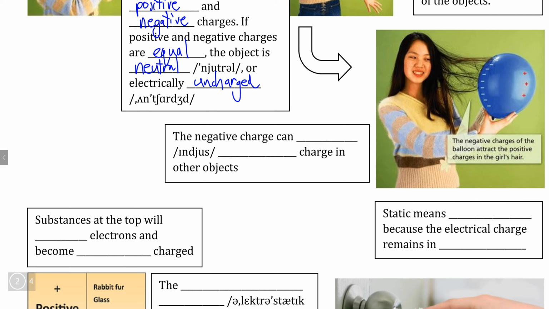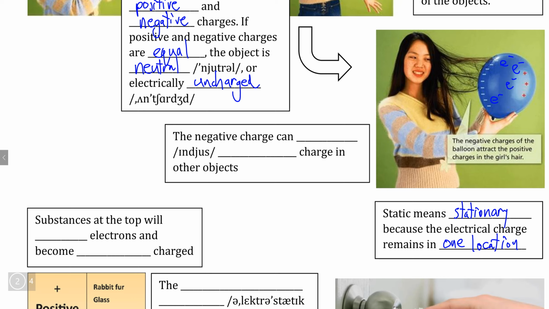So the word static literally means stationary, and objects that are stationary are not able to move. So we say that this is static electricity because, at least for now, the electrical charge, meaning the high concentration of electrons that have accumulated in this balloon, remain in one location, as in they are trapped in the balloon until we find some way of moving those electrons away.